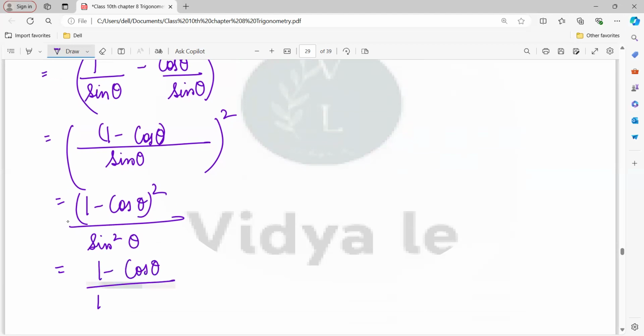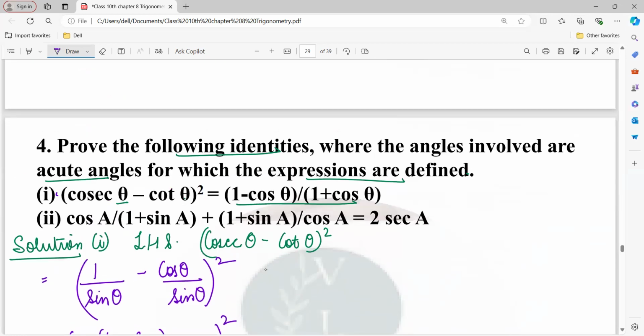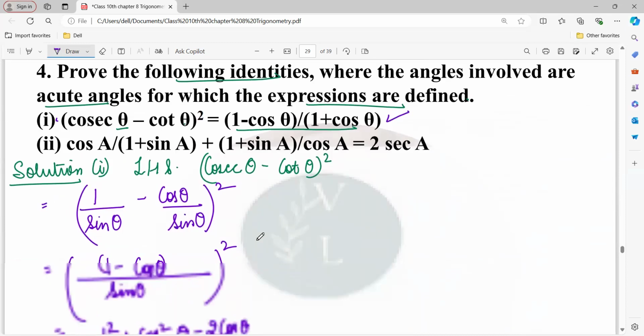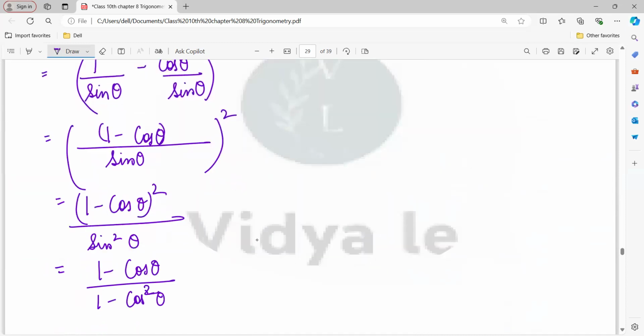Sine square theta plus cos square theta is 1, so sine square theta is 1 minus cos square theta, right? Why have we done this step? Because in the answer, we want the term in terms of cos theta. So that's why we have tried to eliminate sine and we have converted into the cos term, okay?